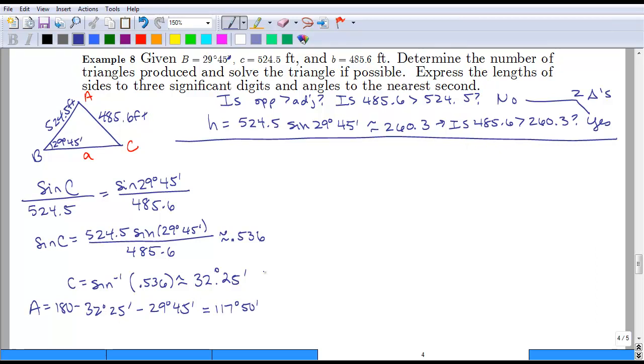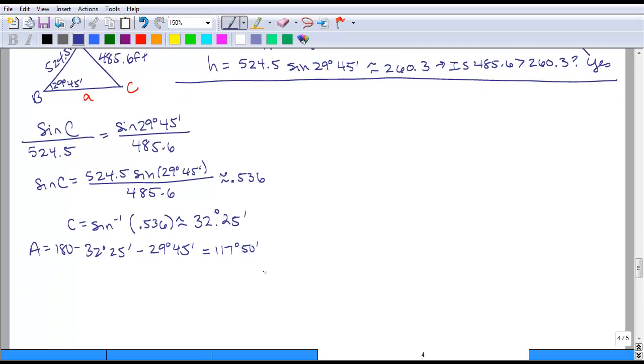So this actually ends up being an obtuse angle, which you can kind of see up top, which makes sense. The last thing we need to do for this triangle is to, again, use the law of sines to get side A. So we've got A over the sine of that angle we just found, 117 degrees, 50 minutes, is equal to our given information, 485.6, divided by the sine of 29 degrees, 45 minutes.